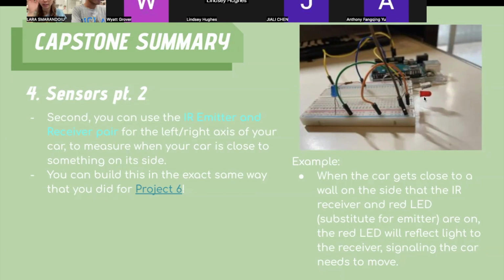Whenever this end of the car gets close to a wall, the red LED will emit more light and it'll bounce back. The receiver will read that and notice that the car is close to a wall and then correspondingly change how the car is moving. So hopefully that intuition makes sense.